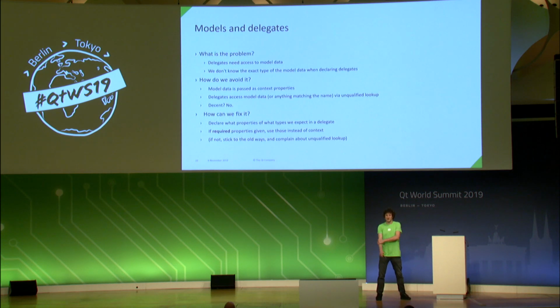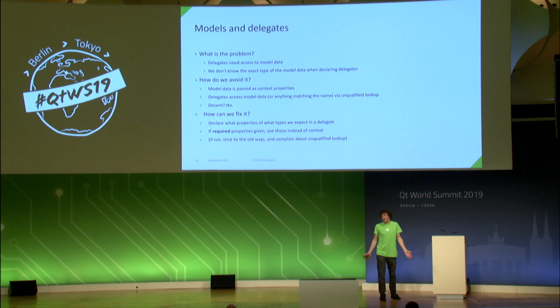So what's the problem here? The delegate needs some kind of access to model data. We don't know the exact type of the model data when declaring the delegate. That's kind of the point of the separation between models and delegates. What do? Well, implicitly, our views take the data from the model and pass it to the delegates as context.